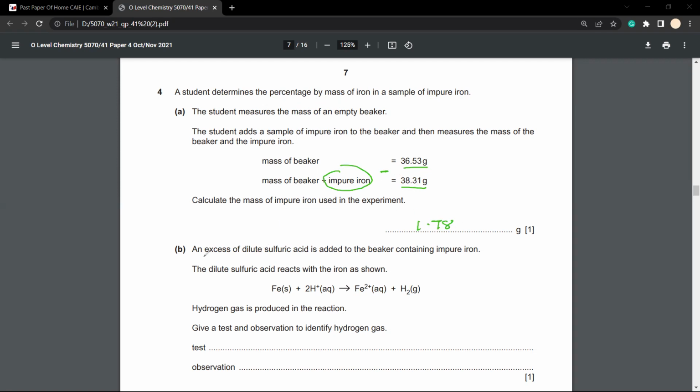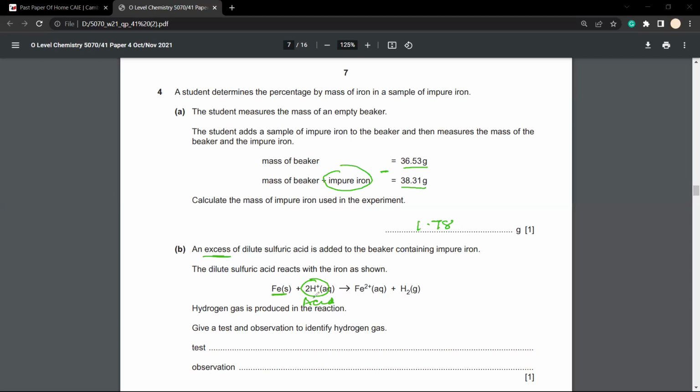Now, an excess of sulfuric acid is added to the beaker containing impure iron. Whatever impure iron you have, you will be adding sulfuric acid to it. H positive ion, whenever you are adding, that means you're adding an acid. An acid will react with only the iron part of the mixture.